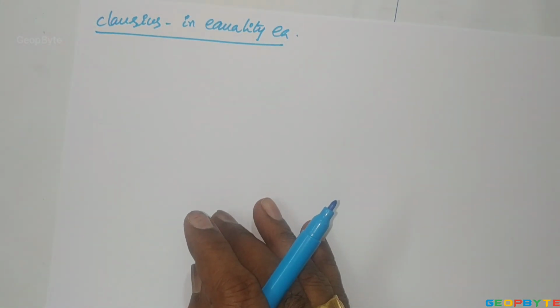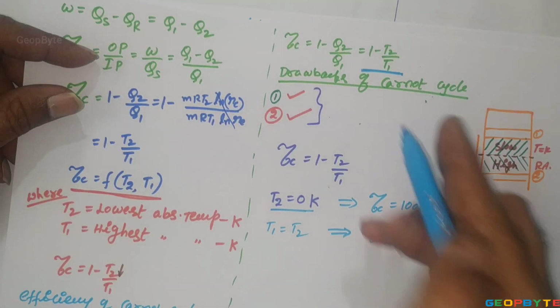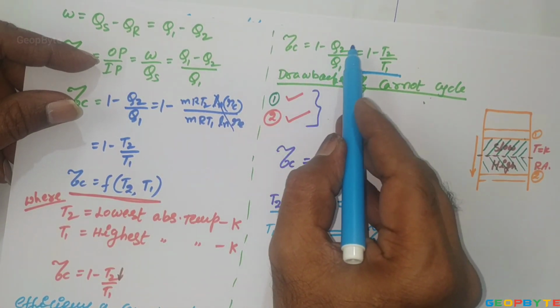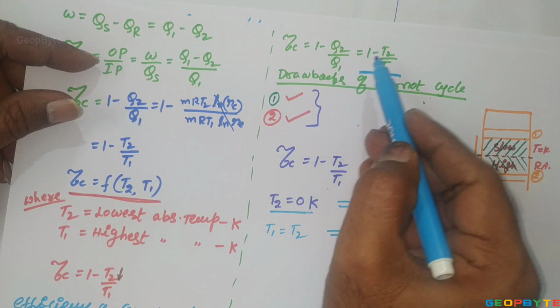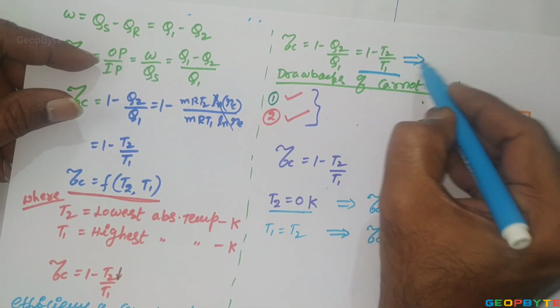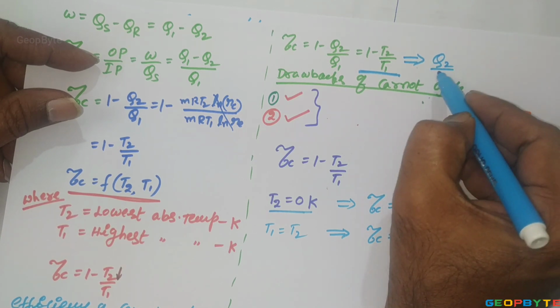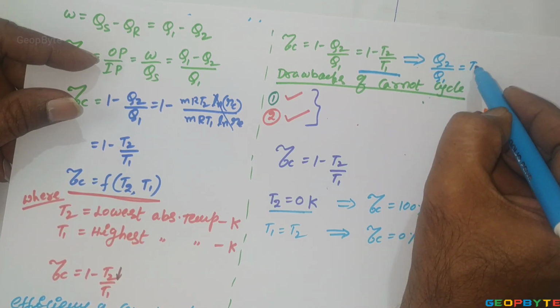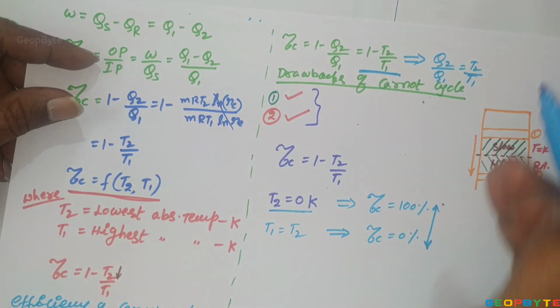Now look at the Carnot cycle efficiency. 1 minus Q2 by Q1 equals 1 minus T2 by T1. From this you can write that Q2 by Q1 is equal to T2 by T1.